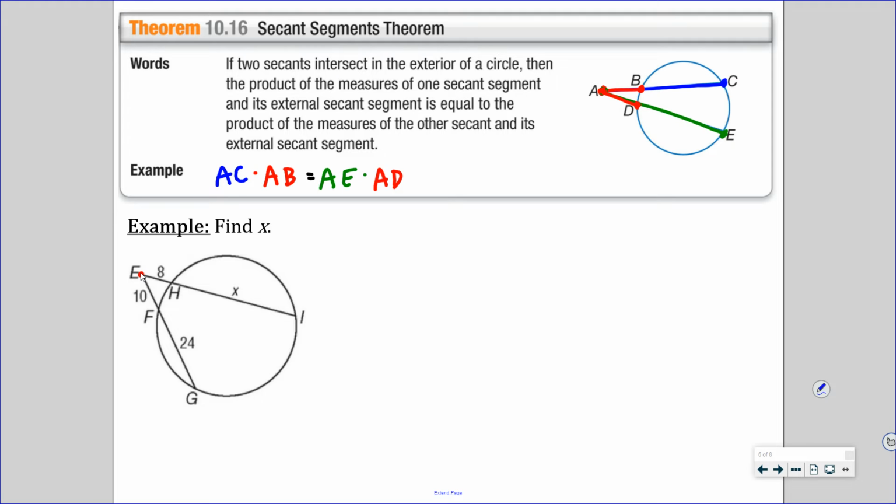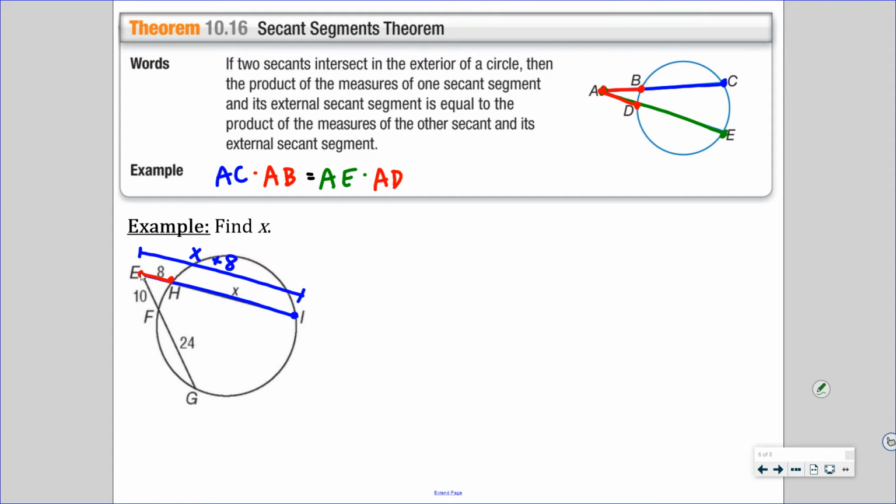So this blue secant segment, the external piece is 8, and then the chord length there from H to I is X. So what's the length of the entire secant segment? Careful. 8 plus X. We can't add those. X plus 8. They're not like terms. We can't add them.